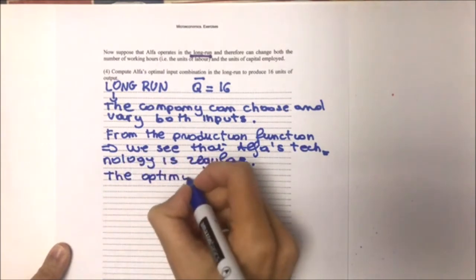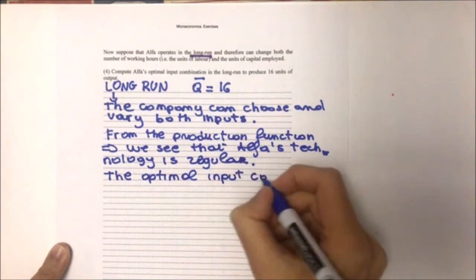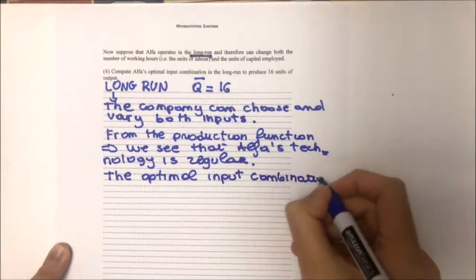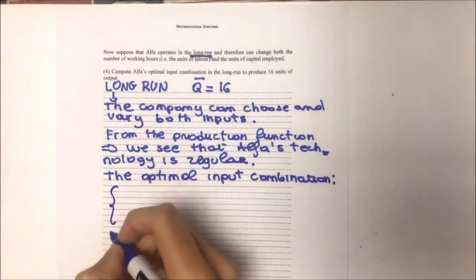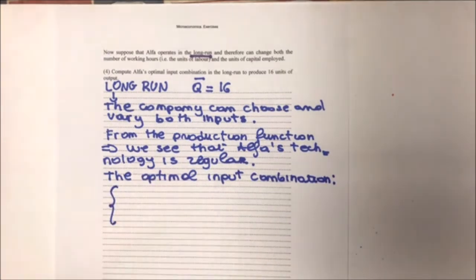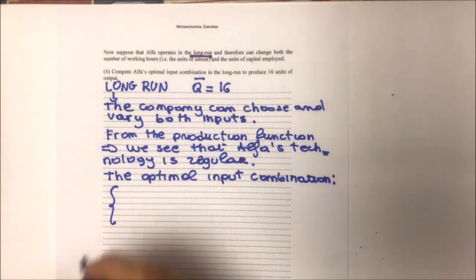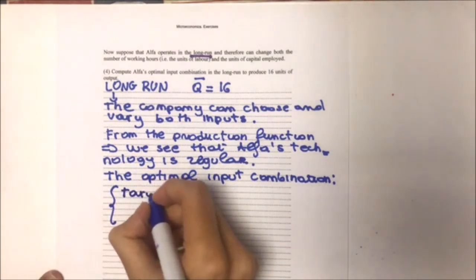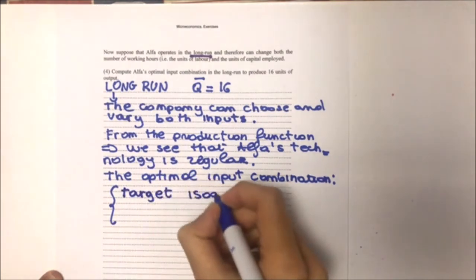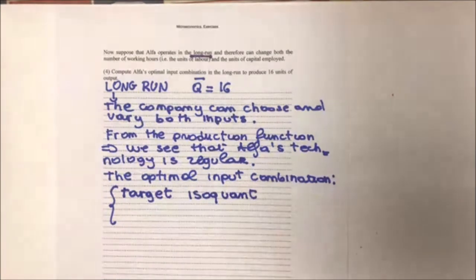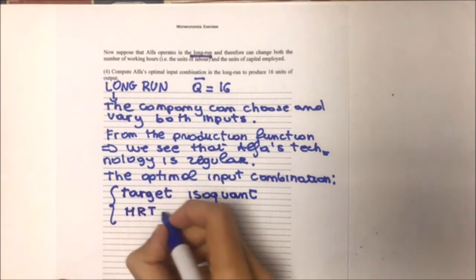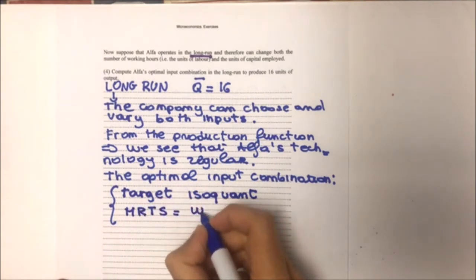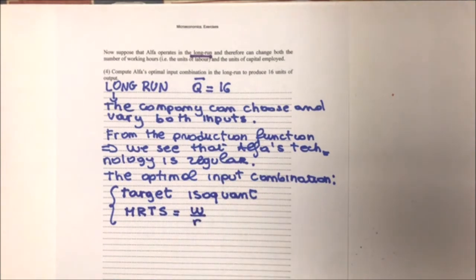The optimal input combination is given by a system where, first of all, you put the target isoquant, meaning the isoquant associated with the level of output you want to produce, together with the condition of the marginal rate of technical substitution being equal to the ratio of the cost of the two inputs, so the wage over R. R is the unit cost of capital.